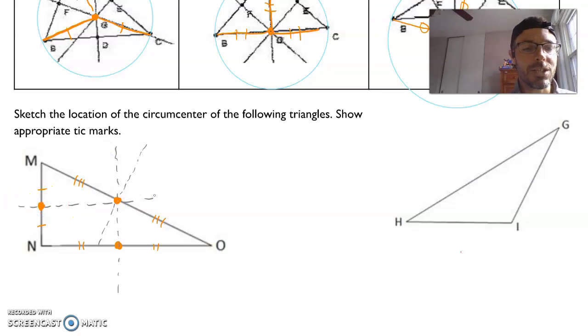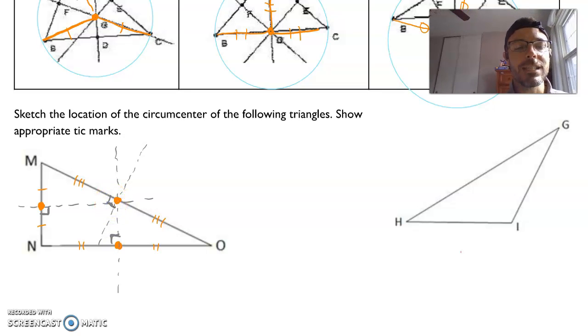Now, all I've done is sketch something in. To show that they're perpendicular, I have to physically put these marks in at the midpoints. That is now showing perpendicular bisectors. In some problems you might be told that you have a circumcenter. In others you might just be given a diagram like this, and from that diagram you have to conclude that it is the perpendicular bisector and therefore equidistant to all three vertices.